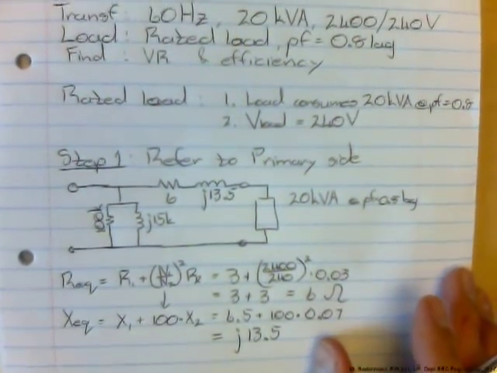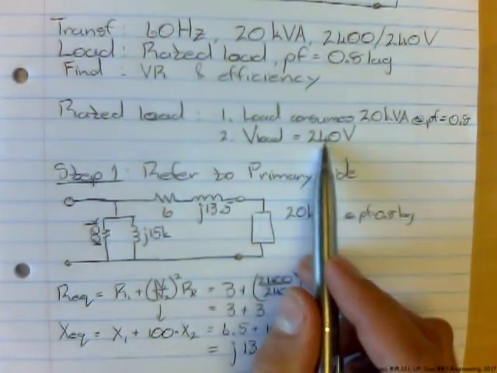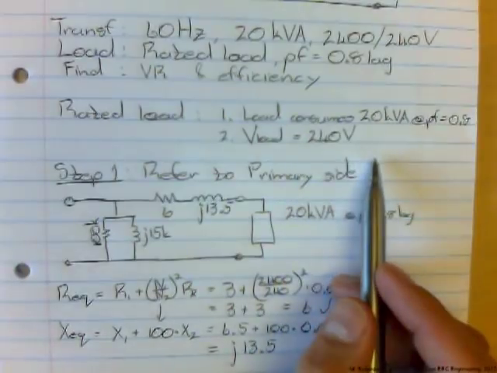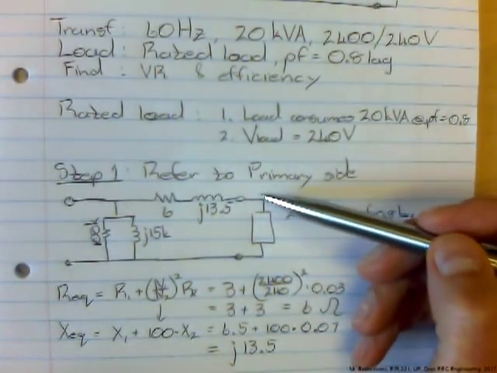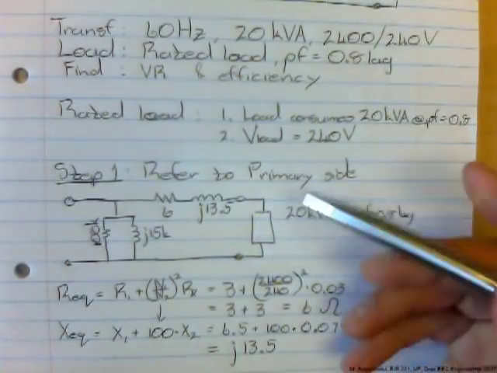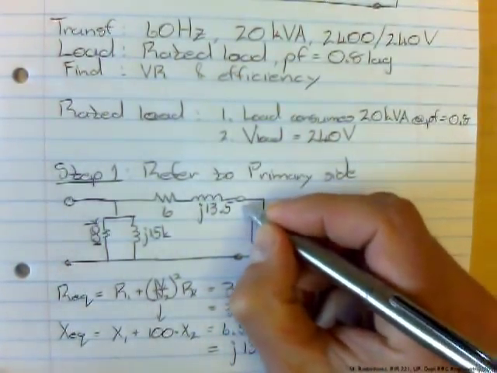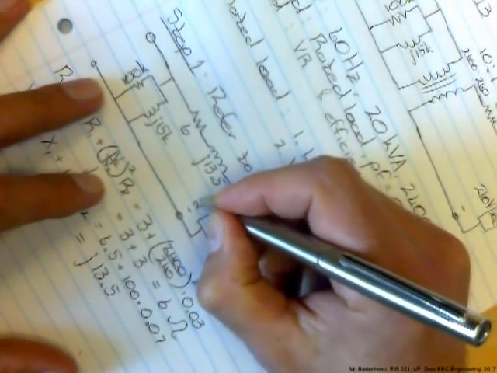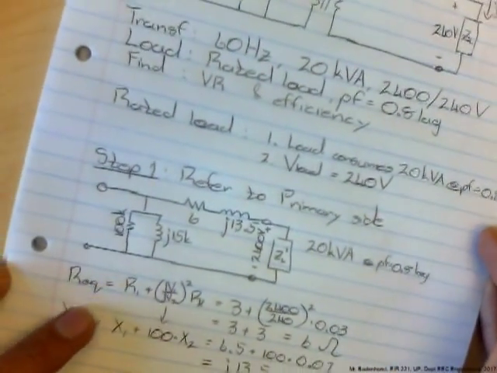Now for the voltages on our circuit diagram. Earlier we said that the rated voltage for the load is 240 volts, but that was on the secondary side. Now we've moved everything over to the primary side, so it's not 240 volts sitting across our Z load. Let's make it prime. What we have now is 2400 volts sitting across the load.